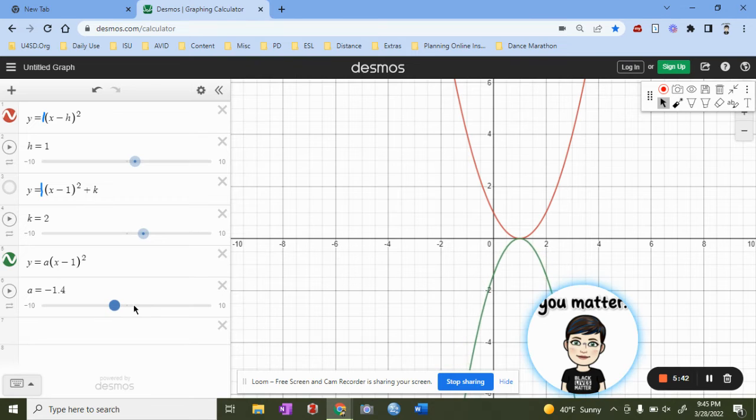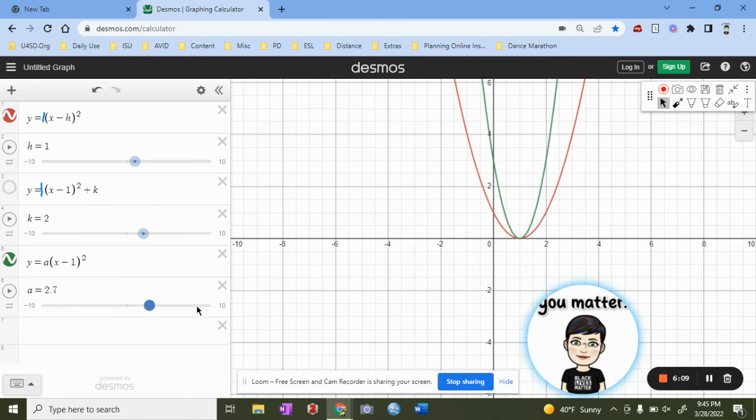If my a value is negative, what happens? My graph flips and it opens down. If my a value is positive and it's a fraction, it's a very wide parabola. And as a increases, my parabola gets steeper and steeper compared to the red one.